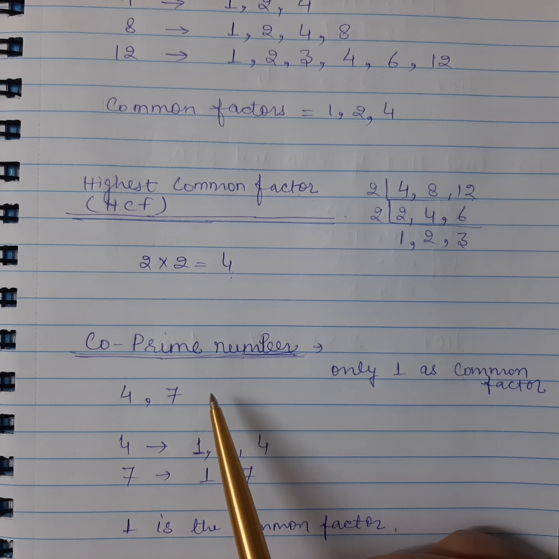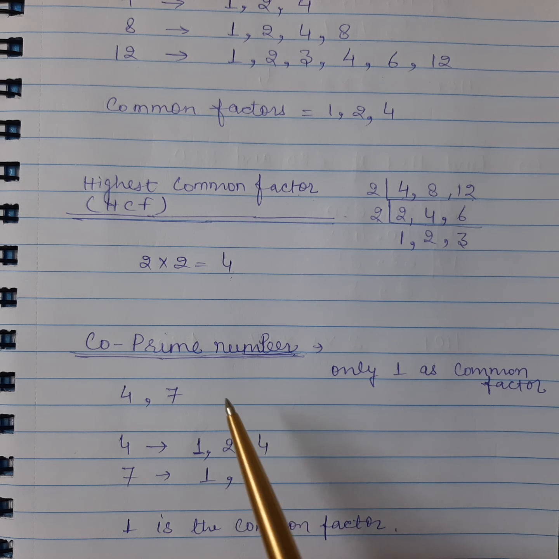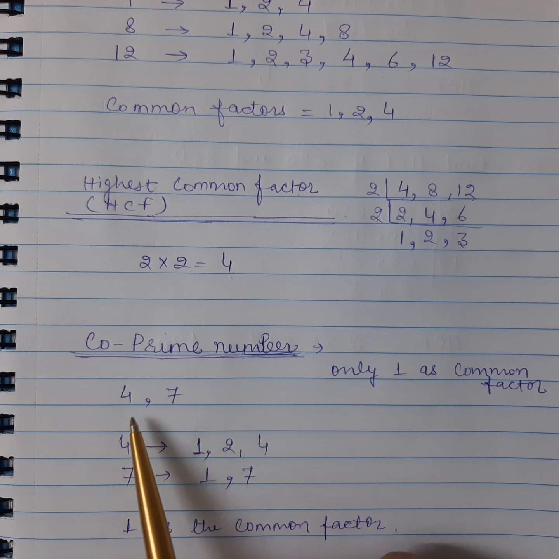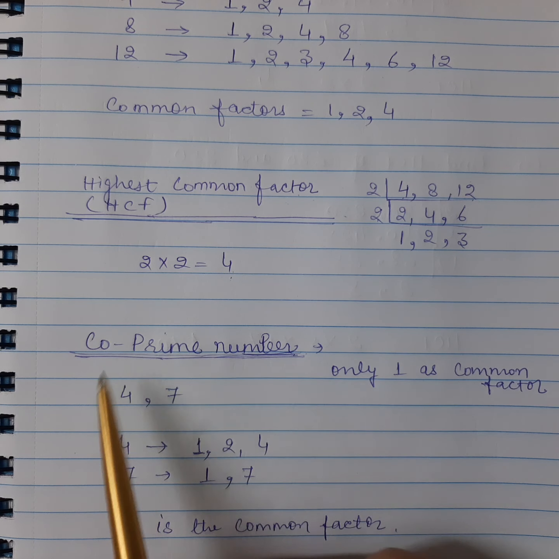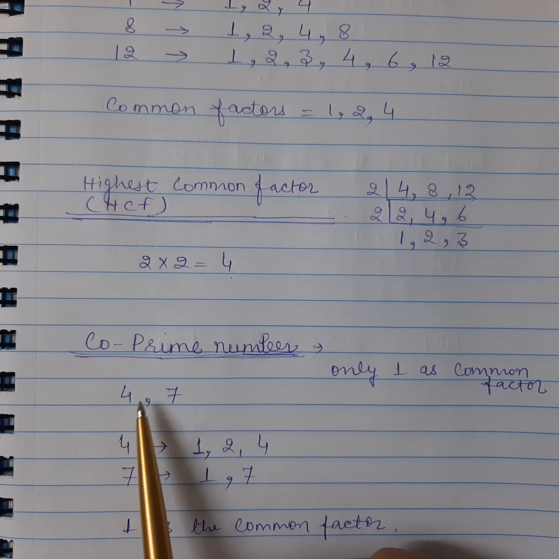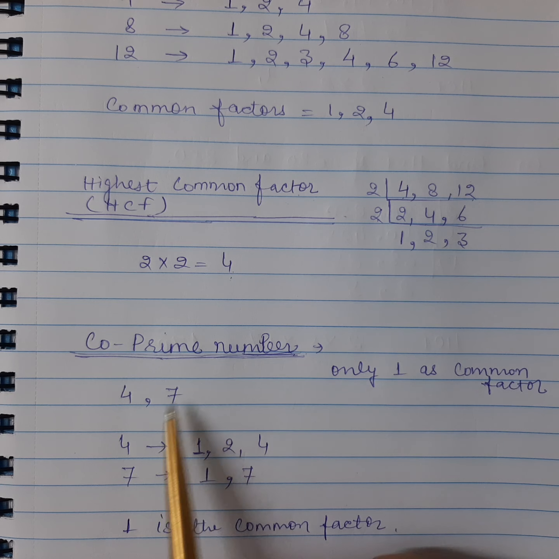Similarly, 4 and 11 are also co-prime numbers. It need not be the case that co-prime numbers should be prime numbers. 4 is not a prime number, still 4 and 7 are co-prime numbers.